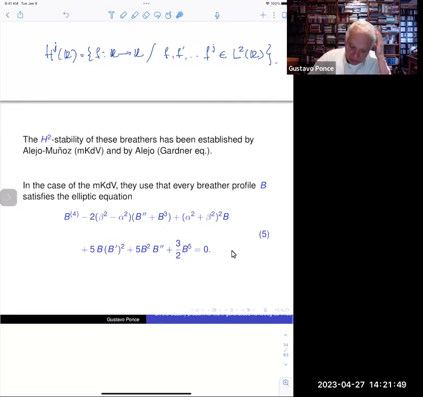To do that, they need two parameters, and they need H2, and they prove that the breather satisfies this fourth-order equation. Remember that to deduce the traveling wave, we went to a second-order equation. They have fourth order because they need two parameters, and they need H2 because they have two parameters.